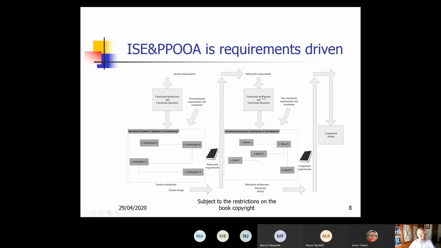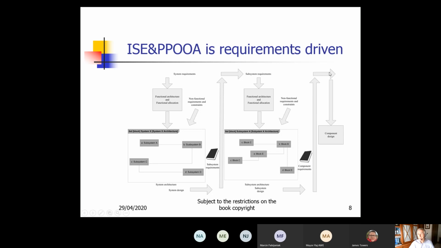With the subsystem requirements, we identify in the hierarchy new functions for the subsystems, and we allocate each of these functions to the blocks, the parts of each subsystem. So we identify the logical parts of each subsystem. At the same time, we specify the requirements for the components.